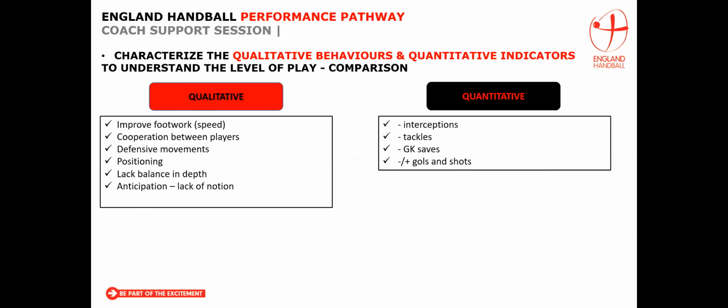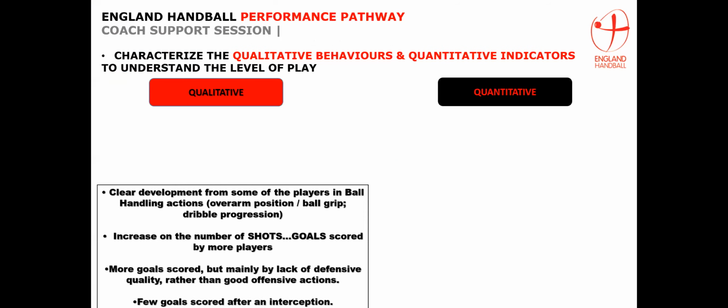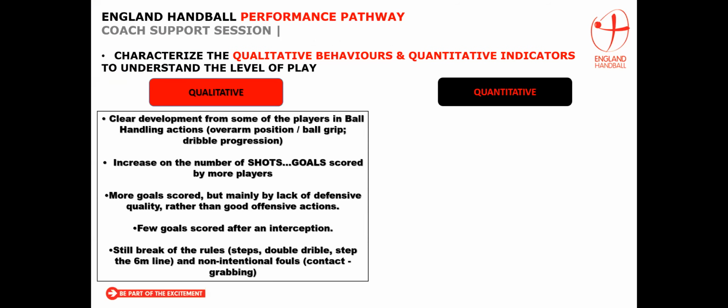From my view, I will go a lot with what you said. This was from my analysis. You can see the players being able to do more ball handling around the attack from the last bit that we analyzed.